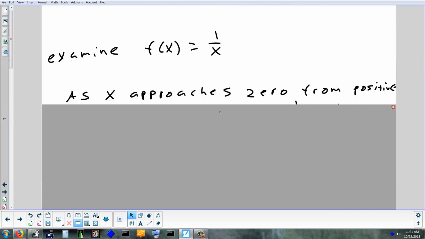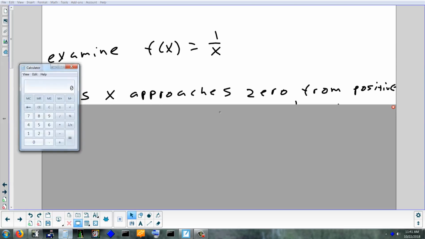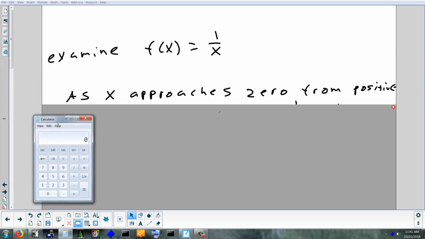So what that means is start at like 10, 9, 8, 7, 6, 5, 4, 3, 2, 1, coming that direction. What's a number that's very close to 0 on the positive side? 1? How about even closer? Yeah? 0.0001.